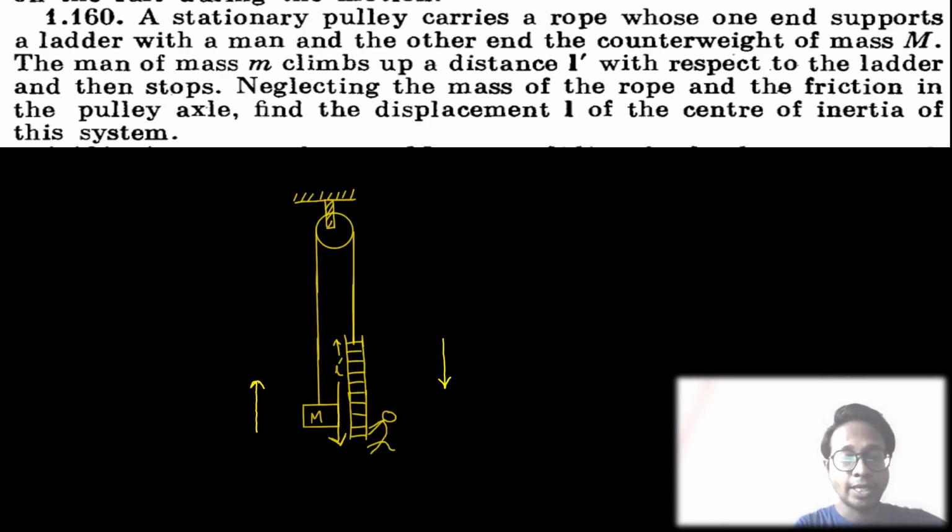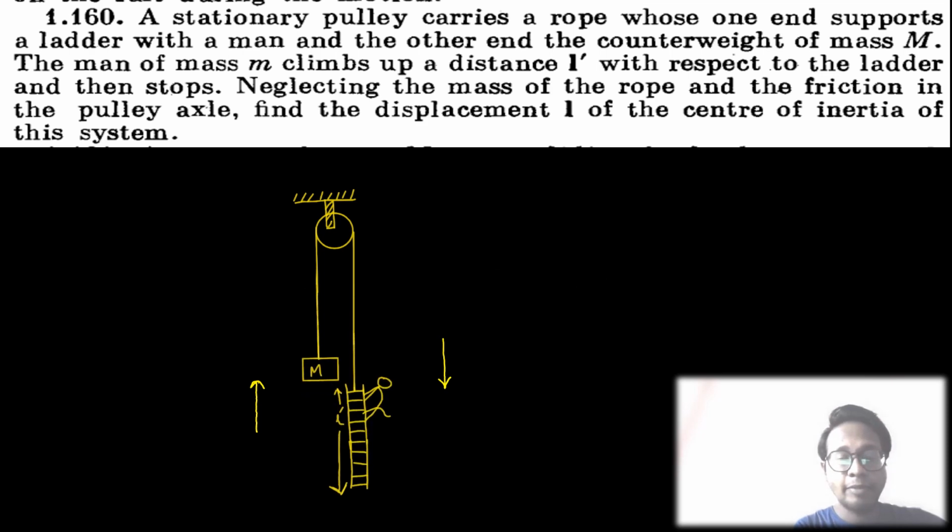In this question, what happened is, say here, a mass was there, and a ladder and a person. The combined mass of ladder and the person is capital M. That means this mass was balanced by this combination. Now from the starting, the person started climbing on the ladder.